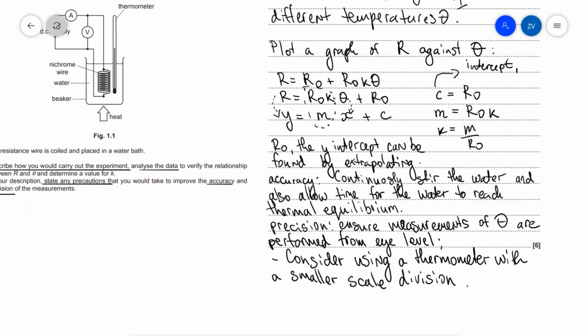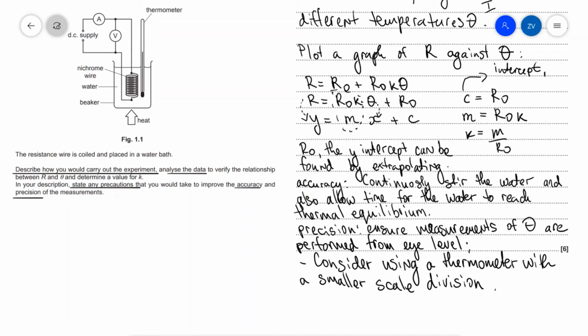Okay, folks, just a quick check. I've described how to carry out the experiment, I've described how to analyze the data, and also I've described how to determine a value for K. So K is your gradient divided by R naught.